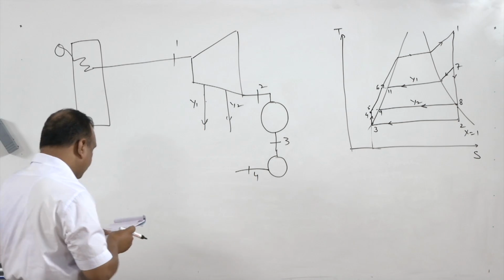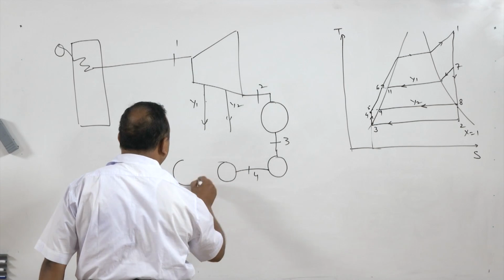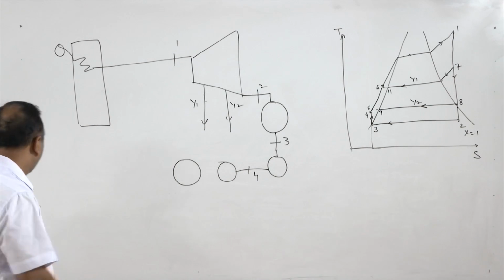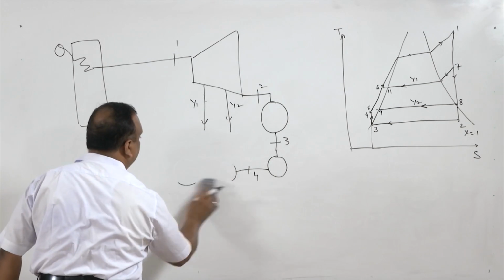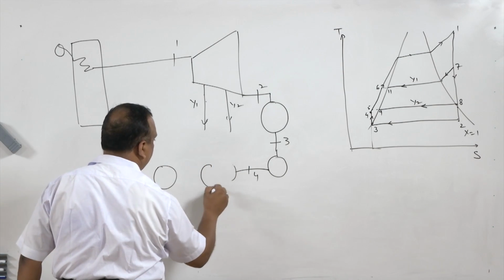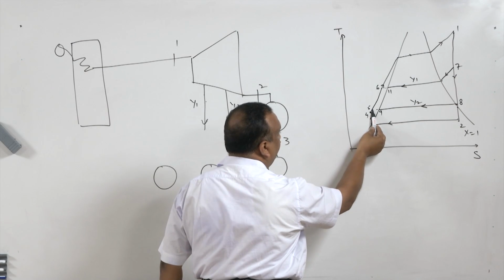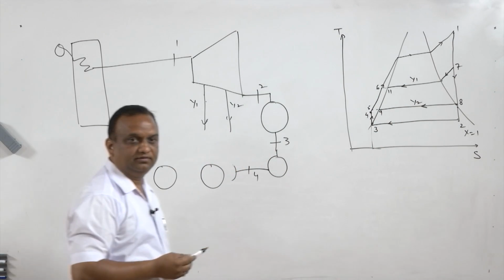So, after the pump it goes to 2 different feed water heaters. As shown here, after the pump it goes to the first feed water heater and then the second feed water heater.